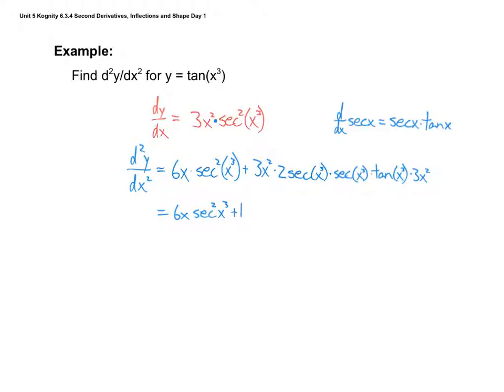So plus 18x to the fourth, secant squared of x cubed, tangent of x cubed. Okay? I should have parentheses around that.